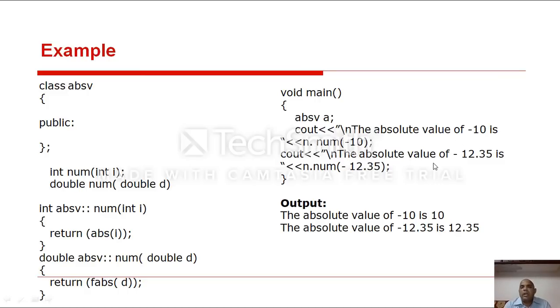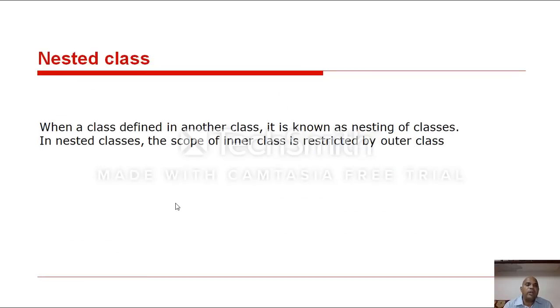Then the absolute value of minus 12.35 is n dot num of 12.35. Clear? Here function overloading and here function overloading, the function names are the same, but sending and receiving arguments are different. The data types also may be different.